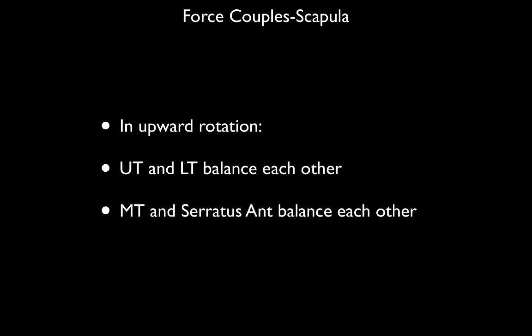So we need an opposing force for that abduction, and that comes from the middle fibers of the trapezius, the middle trapezius muscle. This vector is in a medial direction and helps to counter the abduction from the serratus anterior. So even though these muscles are working in different directions, the end result is one motion of the scapula, and that is upward rotation.